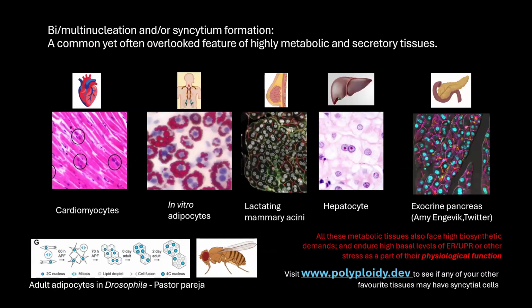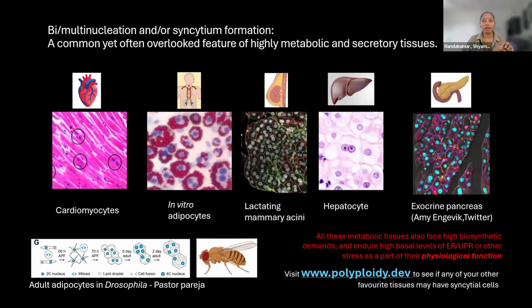So, potentially, polyploidy might underlie one of the reasons that pancreatic cells are difficult to kill. And so, when they become oncogenic, it's possible that that contributes to their resilience. I hope that addresses your question.